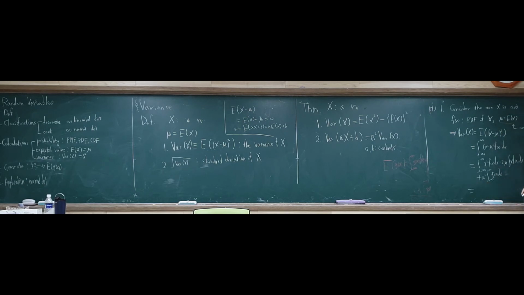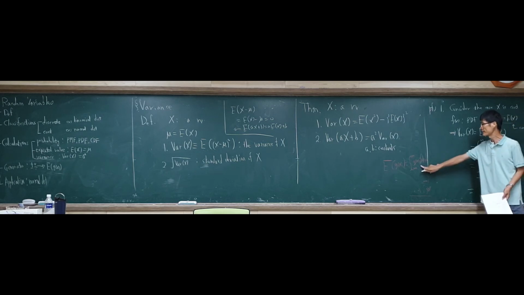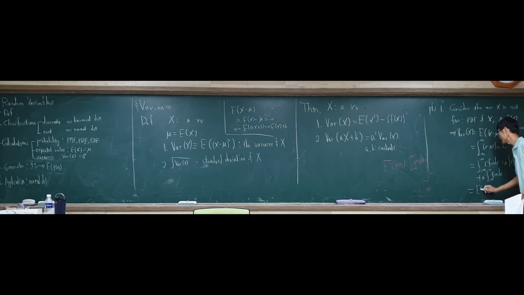And so by applying this theorem again, we can see that this is E of X squared, and this part is turned like this one, and minus twice mu. This is equal to mu by the definition of expected value, and as the total integration of f is equal to 1, this is equal to mu squared, and so we get the formula like this one again.